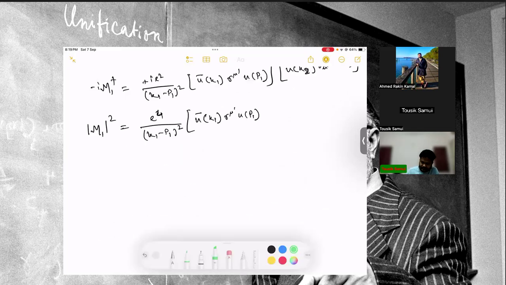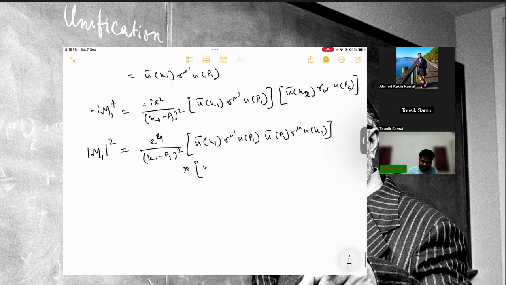So it is u bar k1 gamma mu, and then u k1 times the same thing, p2 u bar p2 gamma mu u.